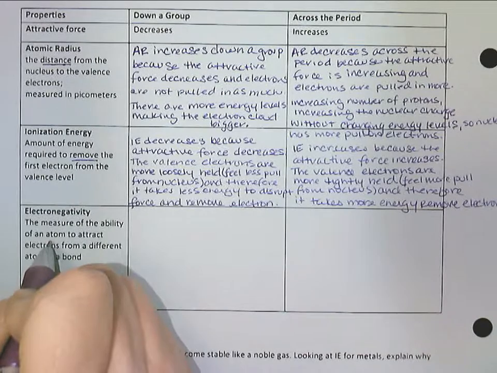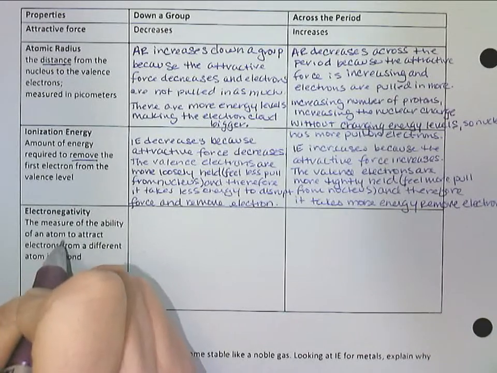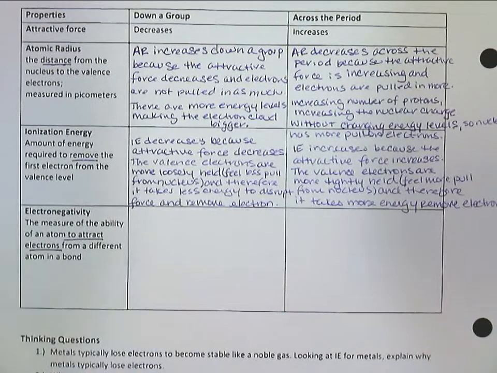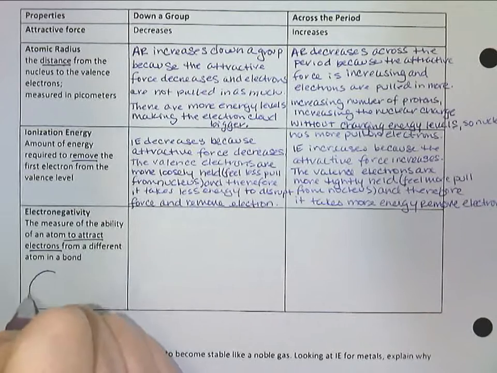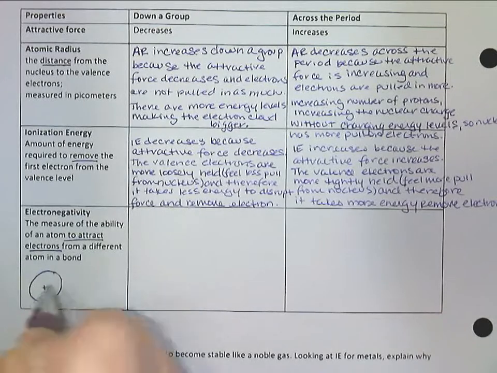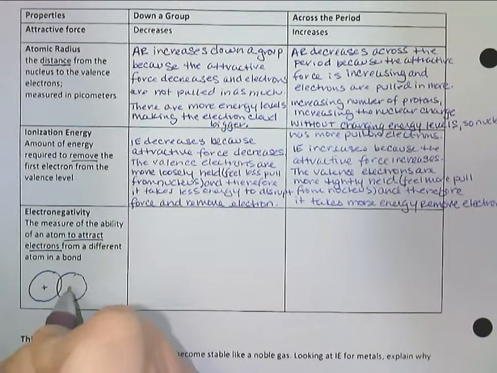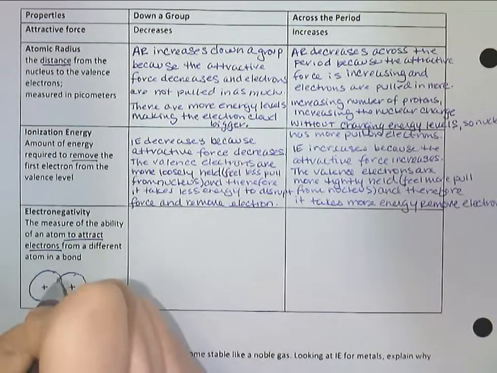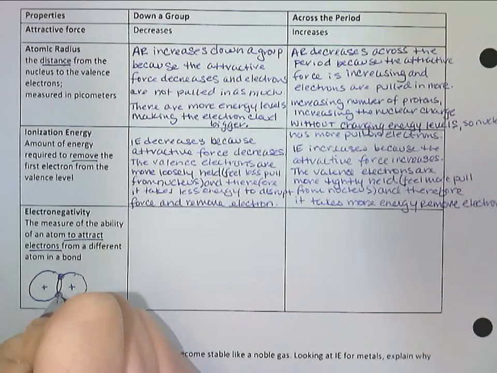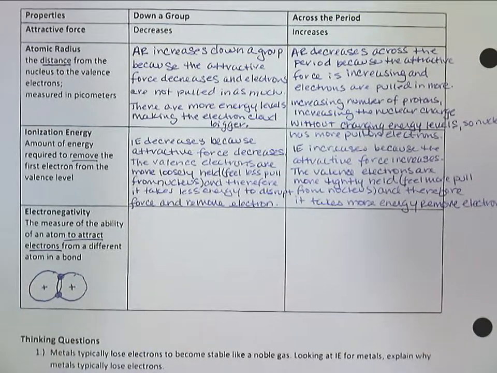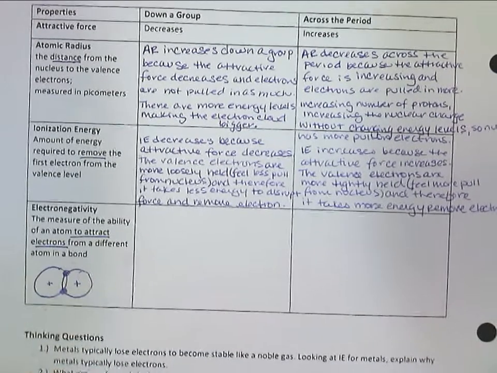Electronegativity is the ability of an atom to attract electrons. So if we think about an atom, it has a nucleus. If we think about another, different atom, it has a nucleus, and they might be sharing electrons, each one with a negative charge, in order to achieve stability.